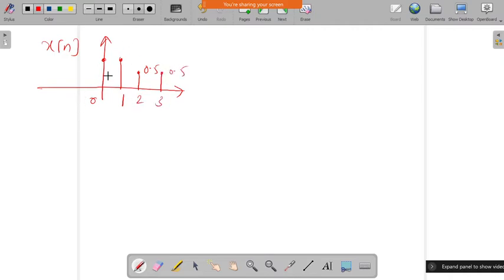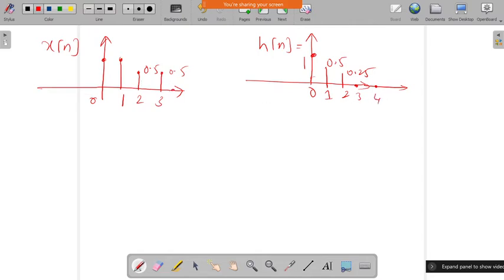And h of n is like this: at 0 it is 1, at 1 it is 0.5, at 2 it is 0.25, and at 3 and 4 it is 0, and all other values are 0. Okay, so this is x of n and h of n.